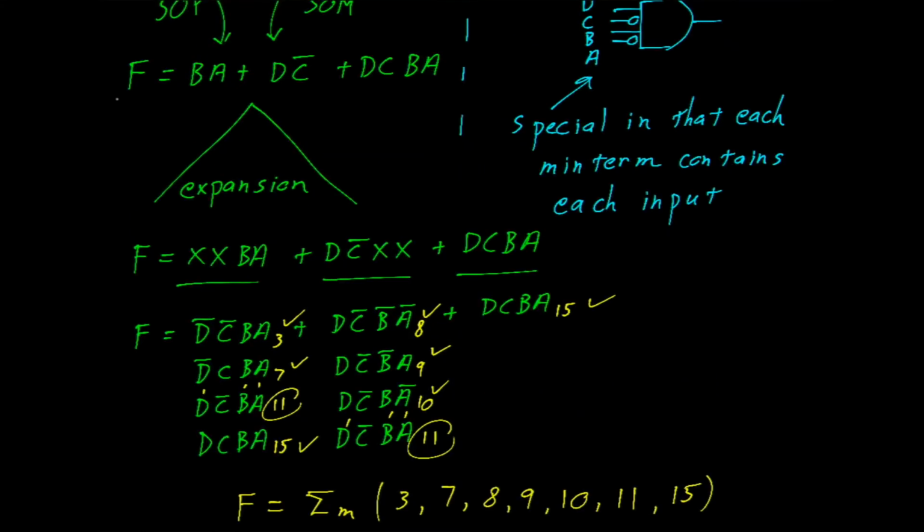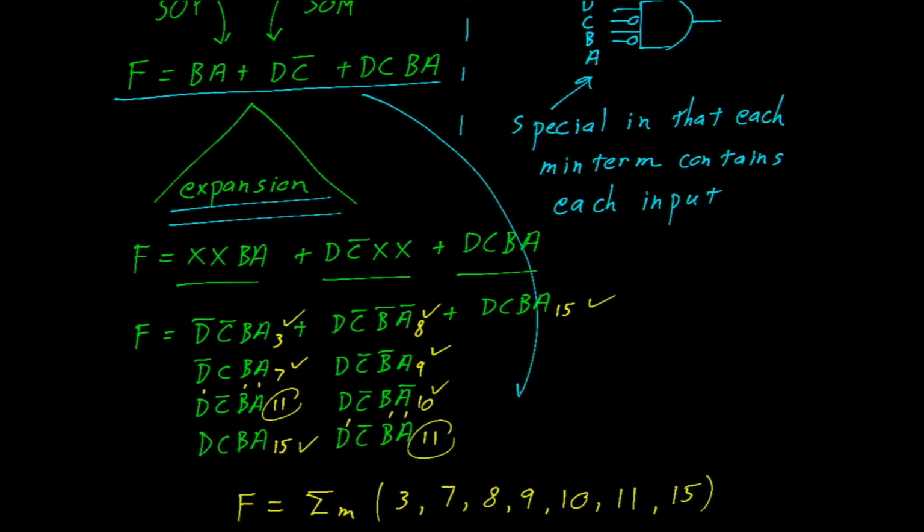I think you'll agree that's a relatively straightforward operation. We started with a sum of products equation, and we expanded it so it became a sum of minterms. Right? That's an easy direction to travel.